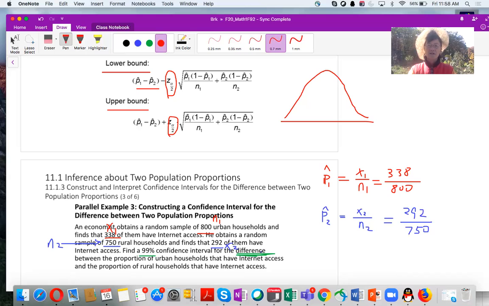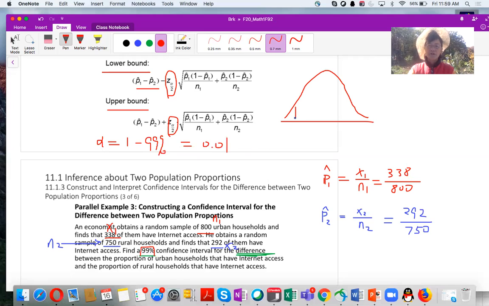A confidence interval is only applied for a two-tailed situation. And you are given a 99% confidence interval. Once you are given 99%, you can get alpha. Alpha equals 1 minus 99%, so alpha equals 0.01.